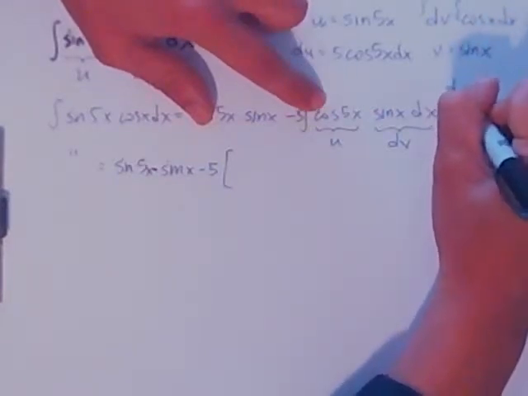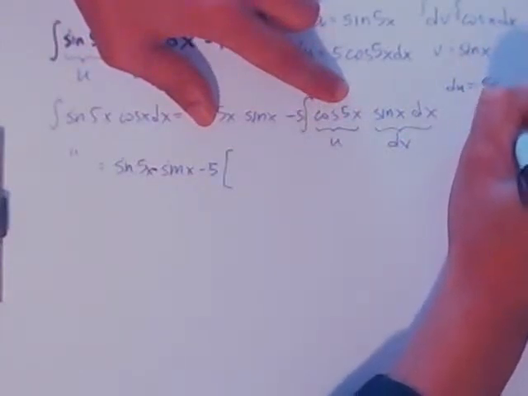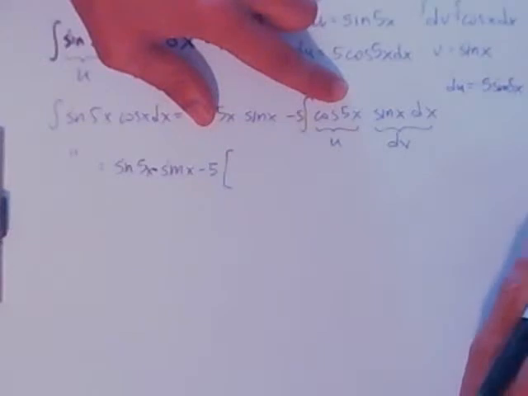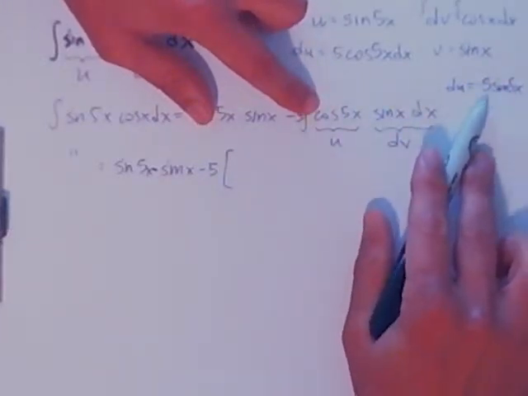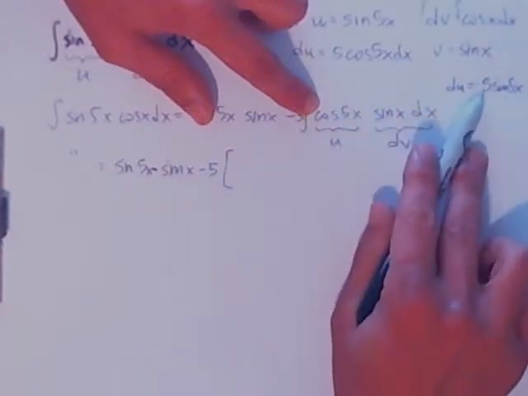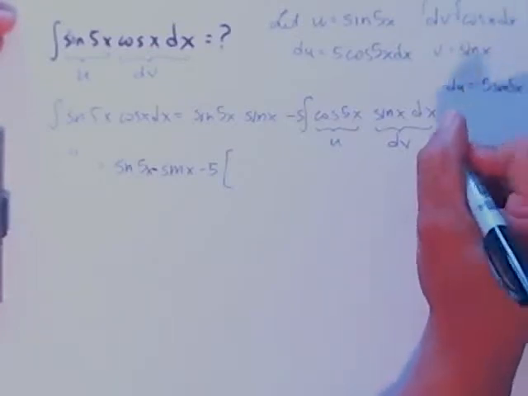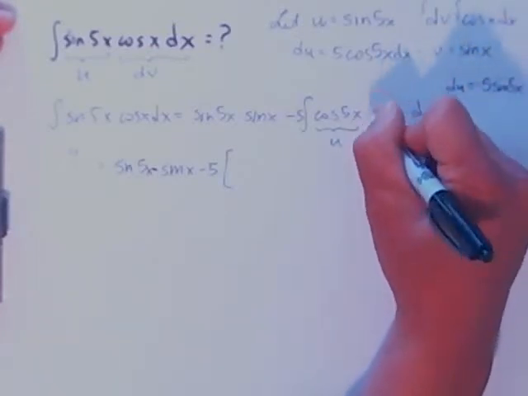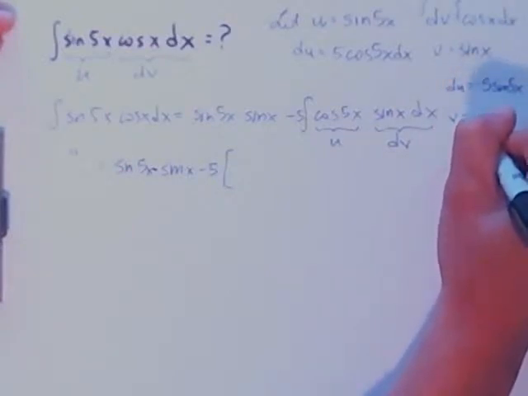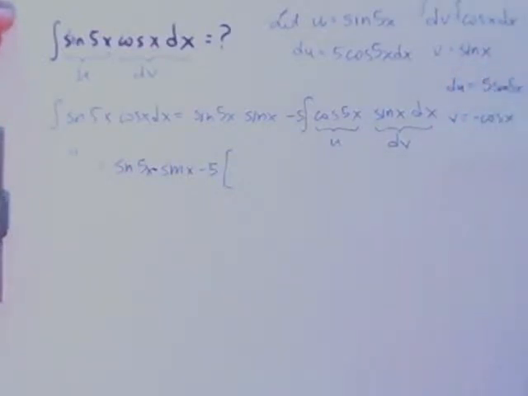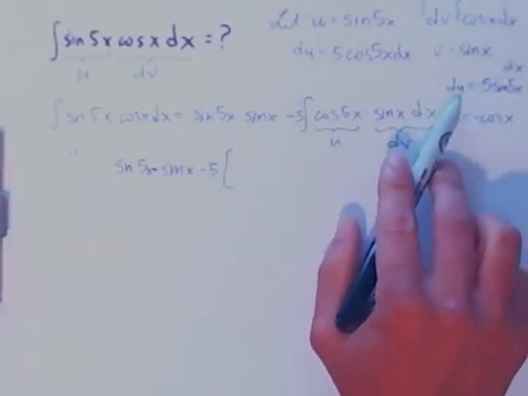du is equal to negative 5 sine of 5x. I don't know if you can see that or not, but the derivative of cosine is negative sine, and the derivative of 5x is just 5, so I factor out negative 5 sine of 5x. And then integrating that, the integral of sine of x, v is equal to negative cosine of x. I forgot the dx again on the top portion of du.